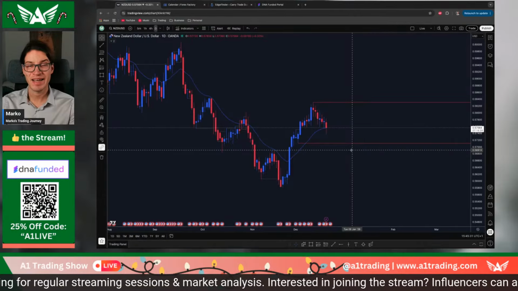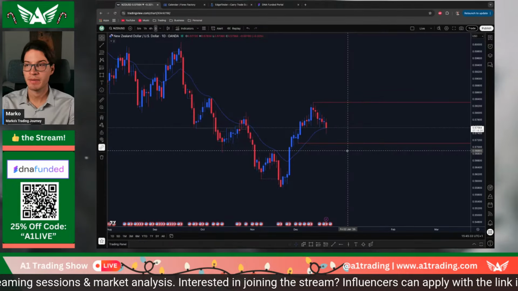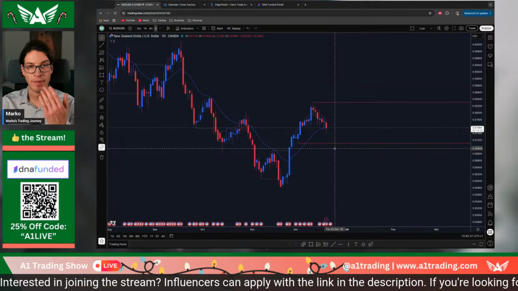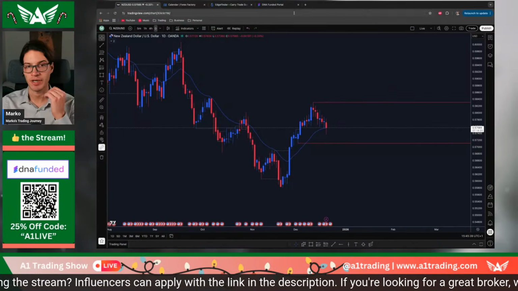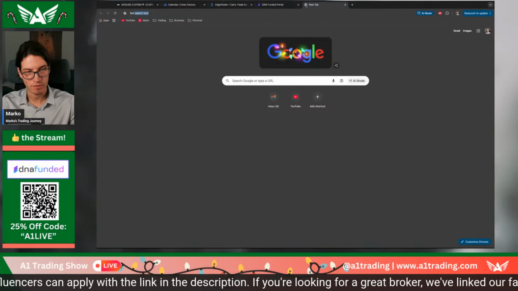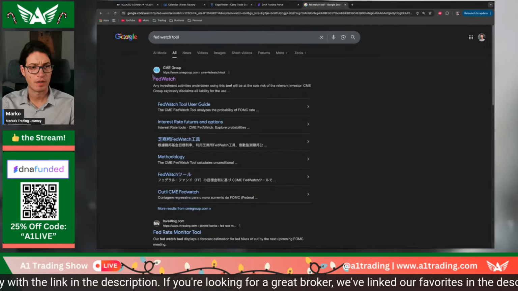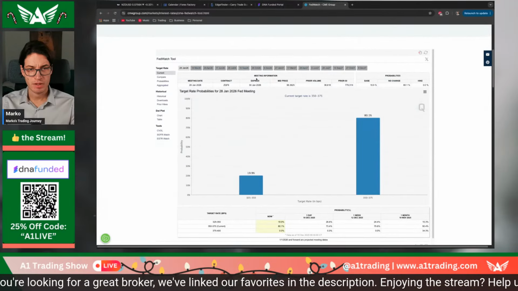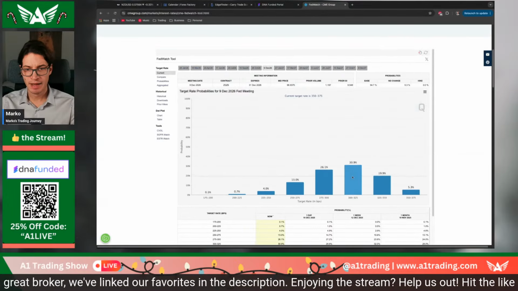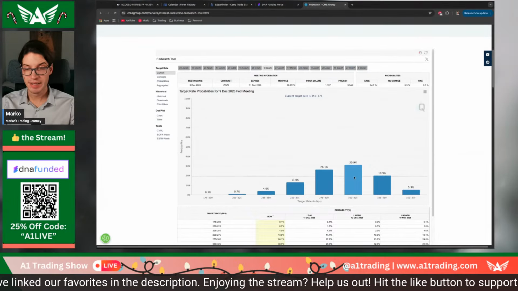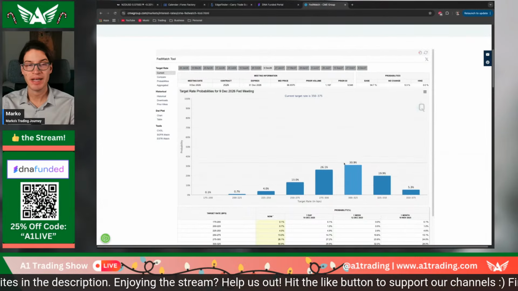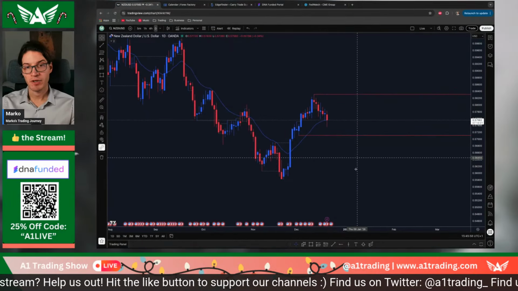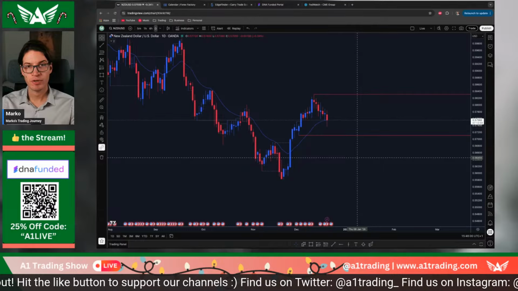So RBNZ plans to hike interest rates in 2026, while the Fed, Central Bank of United States, they plan to cut rates. Let me see what is priced in right now. So by December, we have 2 rate cuts priced in. So essentially, rate cuts are most likely coming. That's a clear divergence. RBNZ is hawkish, Fed is dovish.